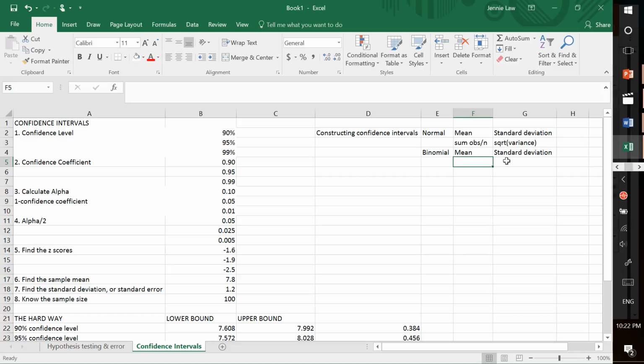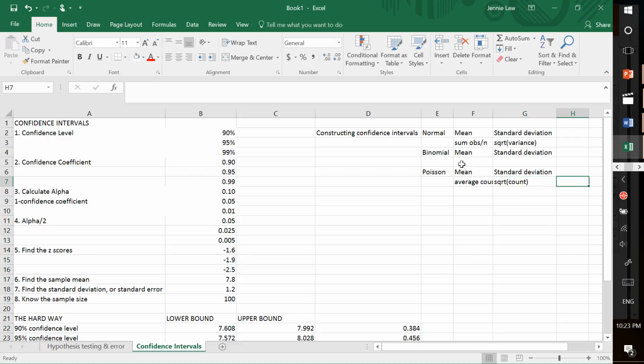And this is actually reported directly in your Moore and McCabe text. And the same thing is for the Poisson. You can find the mean and the standard deviation. Okay, so here with the Poisson, the mean is just the average count, and the standard deviation is the square root of that count.